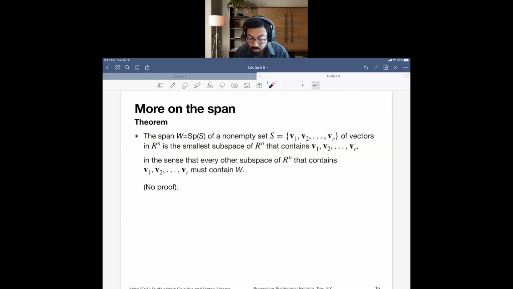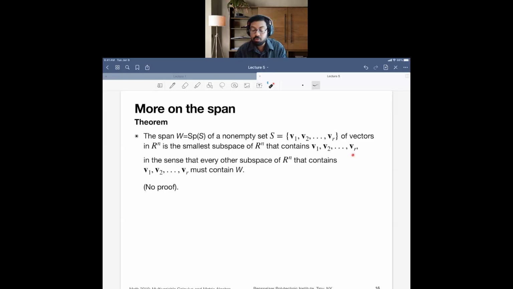That is going to be the smallest subspace of R to the n that contains those particular vectors. Now, this is very intuitive. The way you can imagine this is, if you are given a set of vectors, because you were able to find the span of those vectors, you were able to do all those linear combinations, that is going to be the smallest subspace of R to the n.